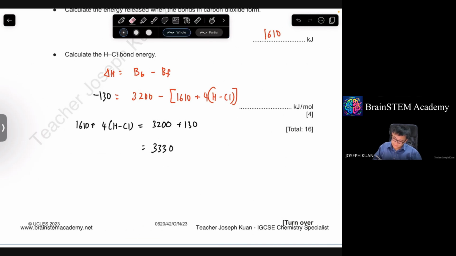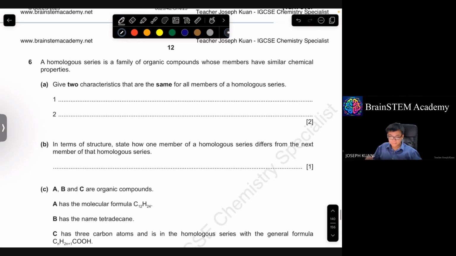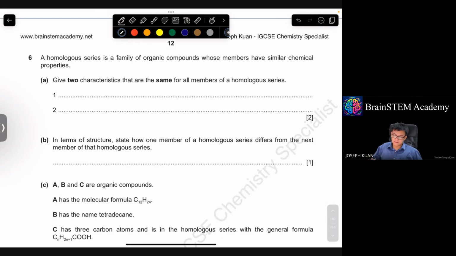So 4 HCl's make 1720. Each HCl bond makes 430 kilojoule per mole. Next, a homologous series is a family of organic compounds whose members have similar chemical properties.